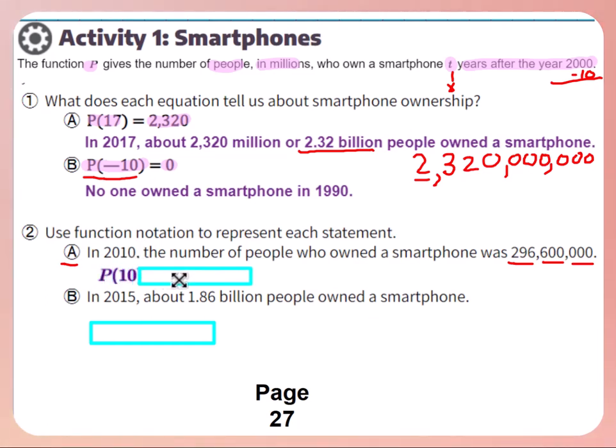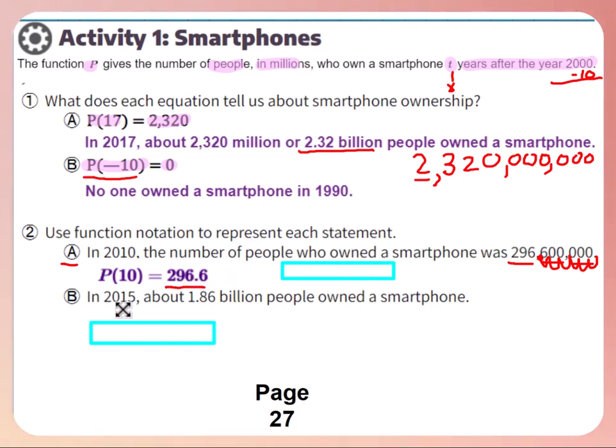This is going to be P of 10, because we're adding 10 to the year 2000, is equal to 296.6, because we're going to have to multiply by a million. So you would divide this by a million, which has 6 zeros, so you're just moving that decimal place 1, 2, 3, 4, 5, 6, and it lands right here, 296.6 million.